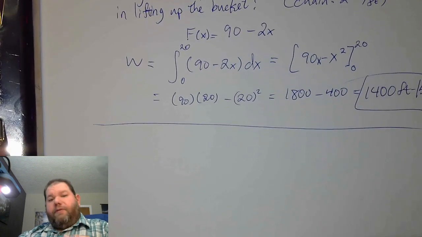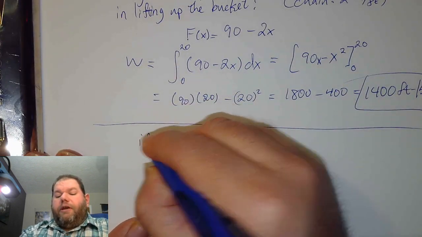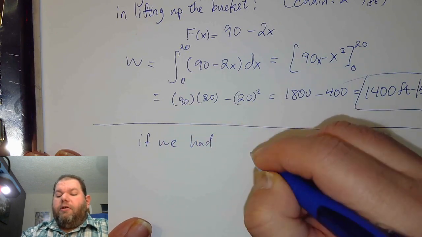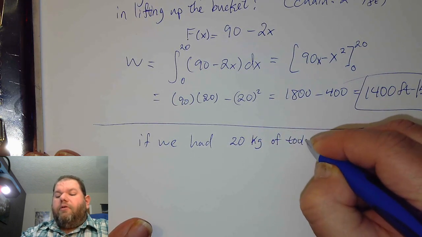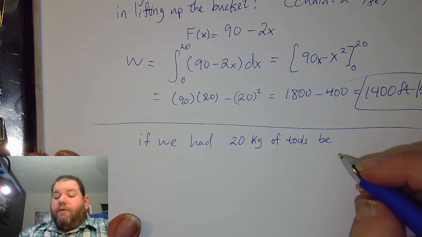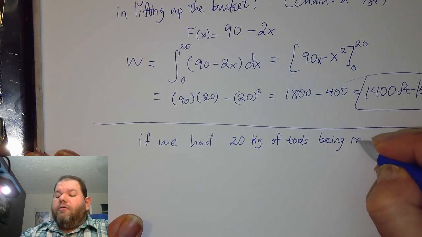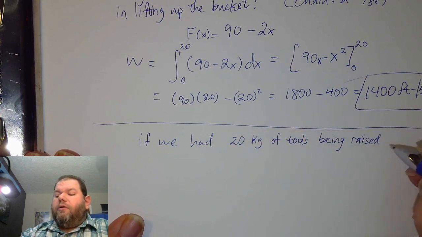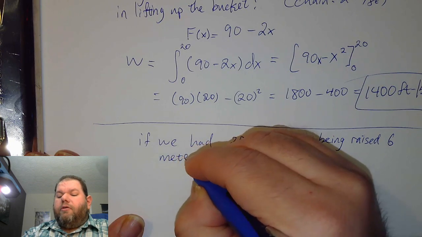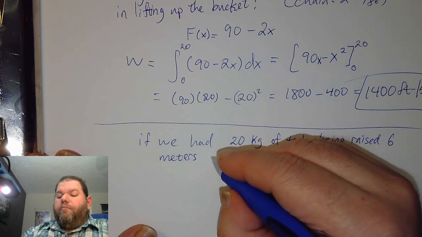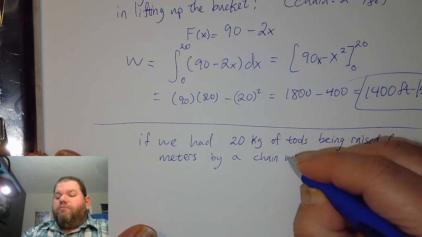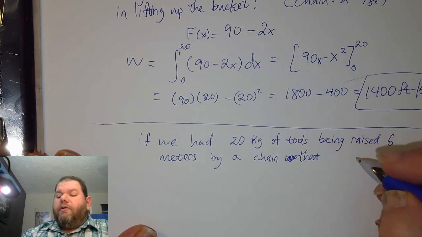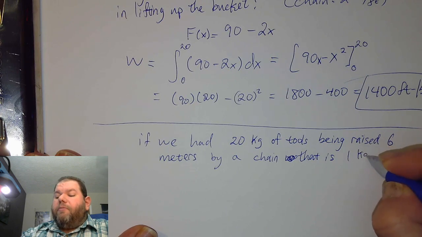Let me write this down so you can understand it a little bit better. If we had 20 kilograms of tools being raised, let's say 6 meters, by a chain weighing 2 kilograms per meter.